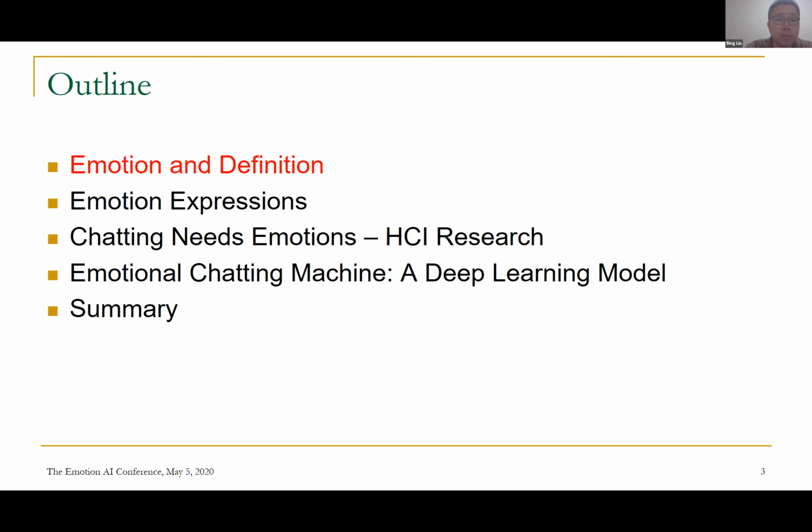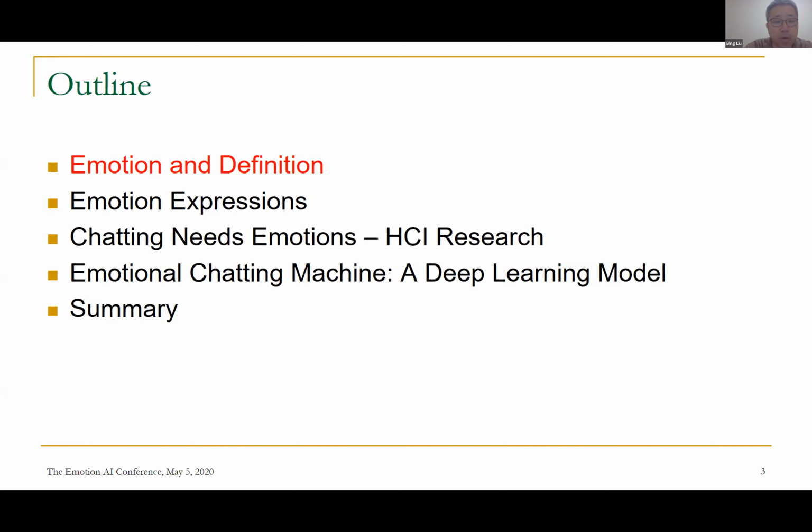Okay. So this is the outline of my talk. I'm going to talk about emotions and also definitions. I'm not talking about the dictionary definition, I'm sure everybody knows that. I'm going to talk about the more structured definition of the emotions.